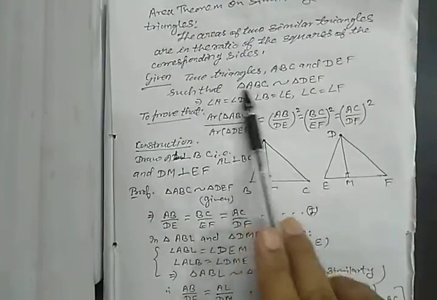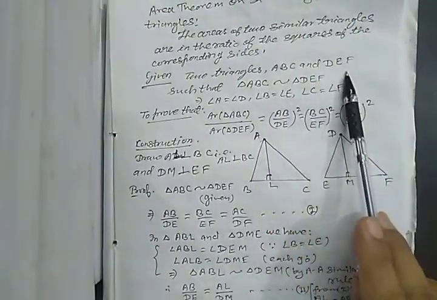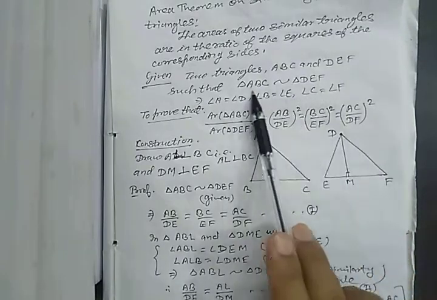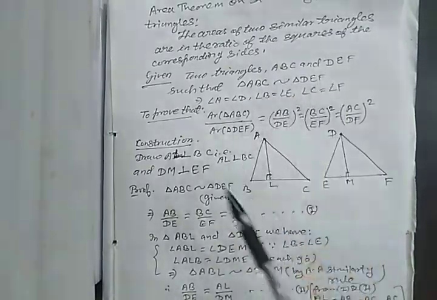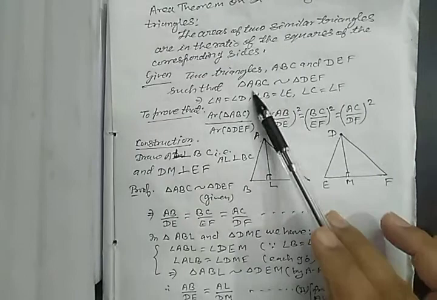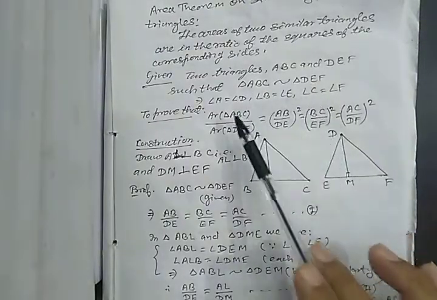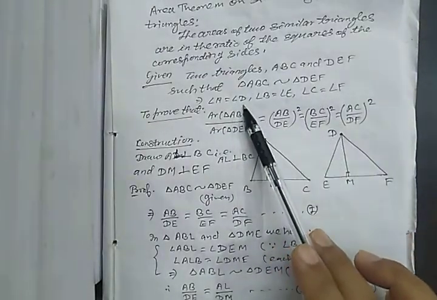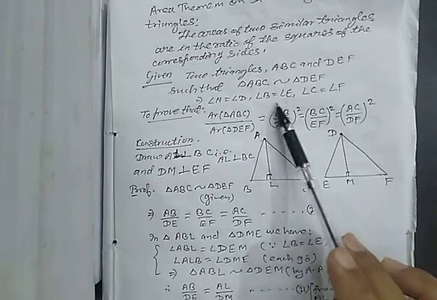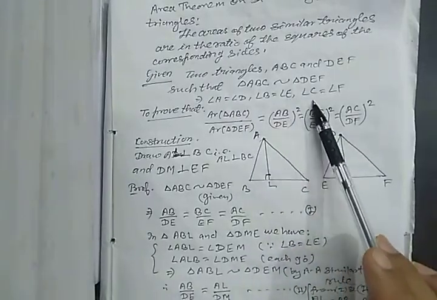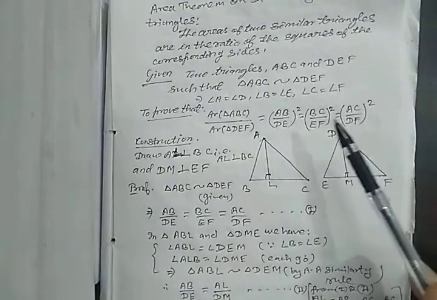You are given two triangles ABC and DEF which are similar to each other. Clearly, if two triangles are similar, their corresponding angles, angle A equal to angle D, angle B equal to angle E, angle C equal to angle F, must be equal.